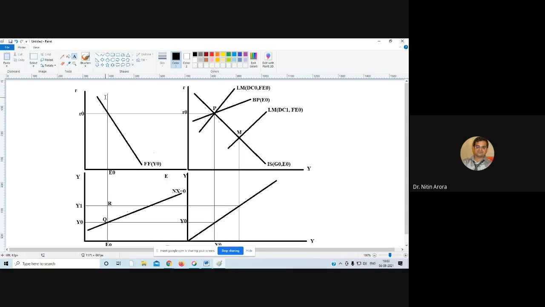So at FFY1, exchange rate E naught gives me that rate of interest, and this FF curve has to shift to right.